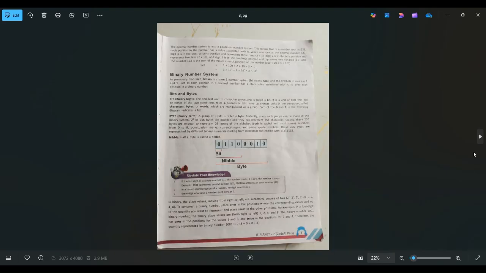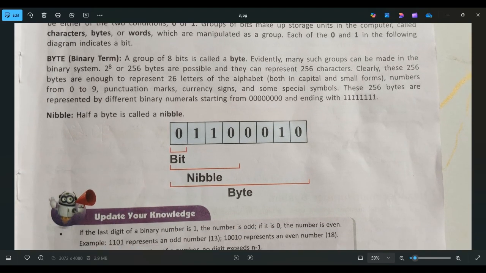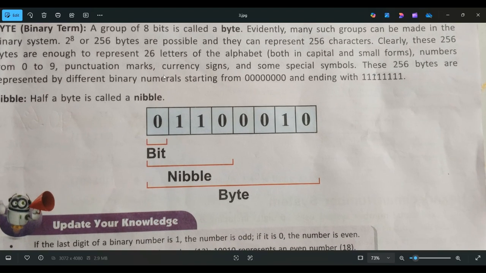What does this mean? On the next page it is shown. You can see here 0 1 1 0 0 0. This is one number. So these are the 8 bits: 1, 2, 3, 4, 5, 6, 7, 8. These 8 bits form the byte. We'll see this in detail.